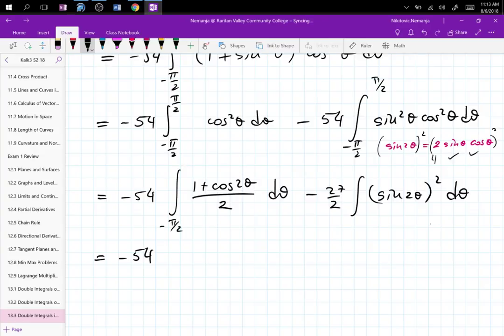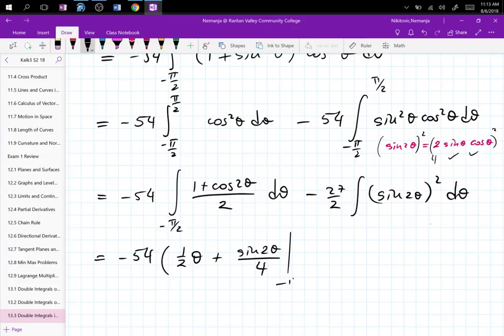All of these limits are pi over 2's. Oh, I don't need this now. I integrate. This is 1/2 theta, and the integral of cosine is sine, so I have plus sine 2 theta over 4.